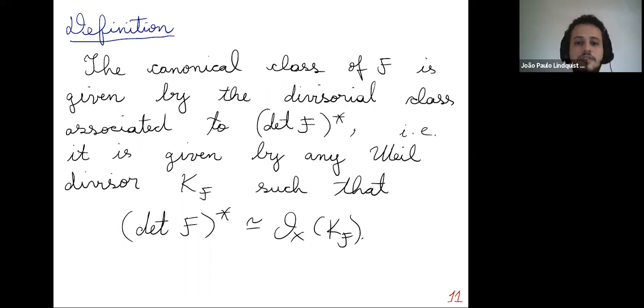For foliations, we make a very analogous definition. A foliation is defined by a subsheaf of the tangent sheaf, and I can take the determinant of this sheaf and take the dual. So this will be a divisorial sheaf. In other words, it is given by a sheaf of the form O_X of a divisor.